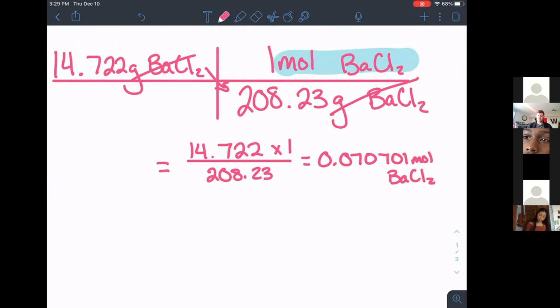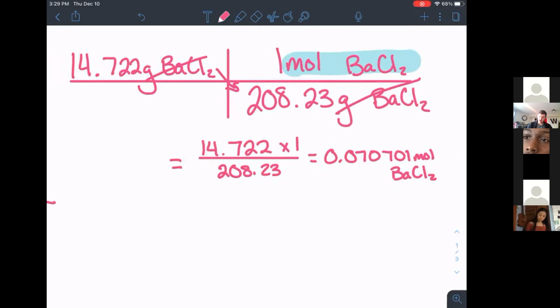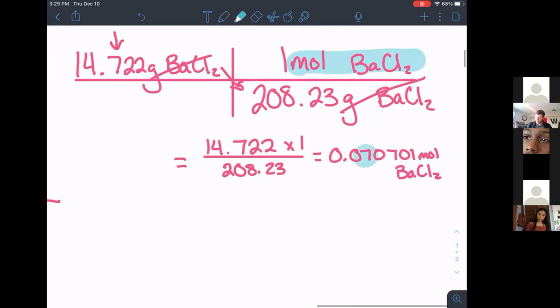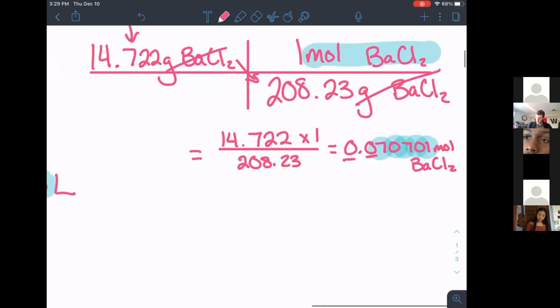Remember to make sure your sig figs are in every problem. So we look at our given. We should have 5 significant figures from here, which means if we count, we have 1, 2, 3, 4, 5. Because that 0 in front, these 2 zeros do not count, but these 2 zeros count.